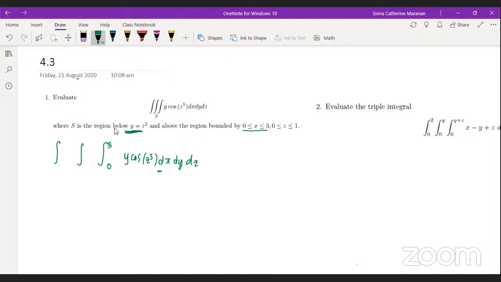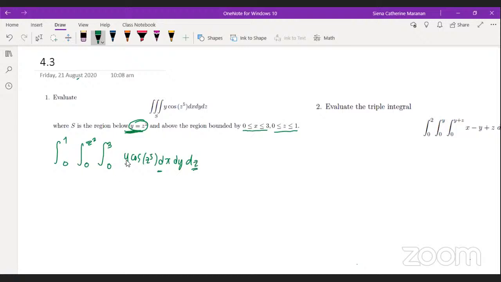It is below this cylinder, y equals z squared. Ibig sabihin, nasa taas itong y equals z squared, and sa baba niya, we have 0. So yung bounds natin is from 0 to z squared. And last one, for the value of z, yung bounds natin ay 0 to 1. So we write 0 to 1.